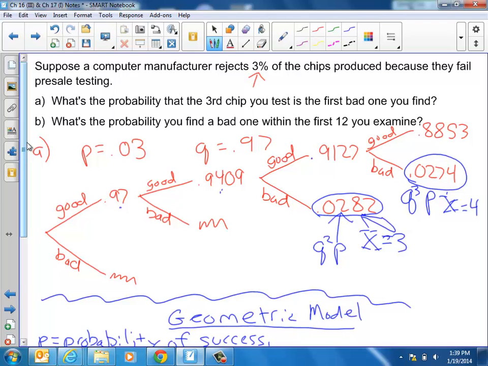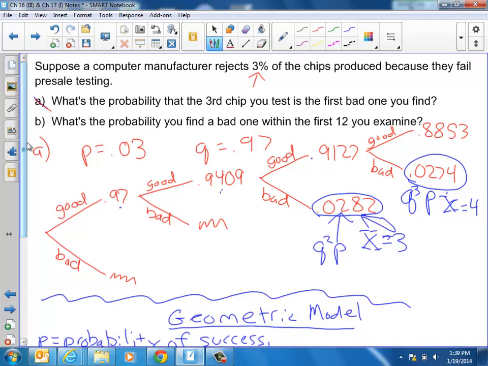Let's go ahead and answer part B. Oh, let's change this.